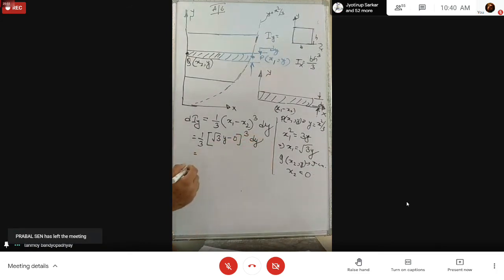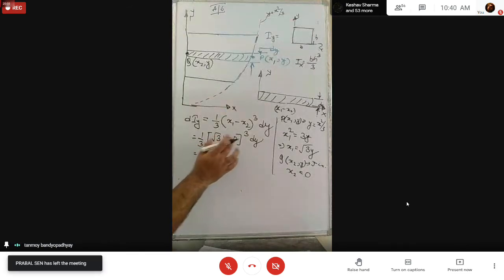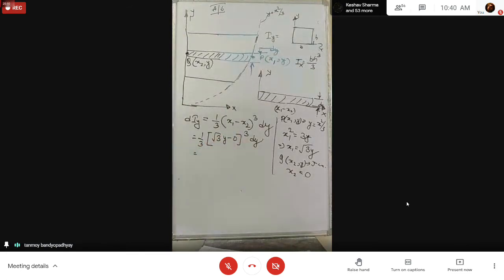So what will this be? This will be root 3 cube. So root 3 cube means 3 into root 3 by 3, I think. Yes, the 3 in the denominator cancels, so that will be root 3 only.